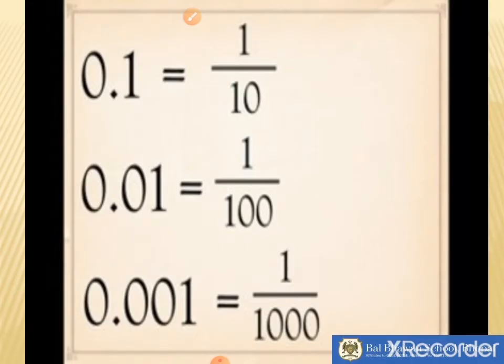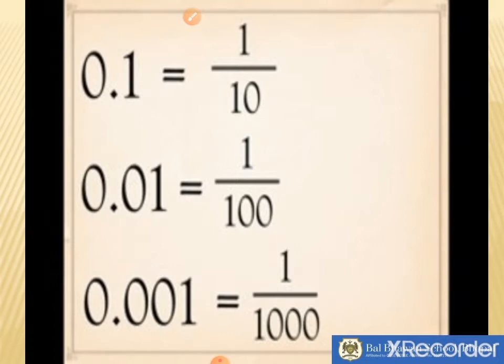Look at this example. The decimal 0.1 is representing 1 on the 10th place, which can be written as 1/10 or 1 upon 10. The next number, 0.01, is representing 1/100th. That is, 1 is on the 100th place, which can be represented by 1 upon 100.